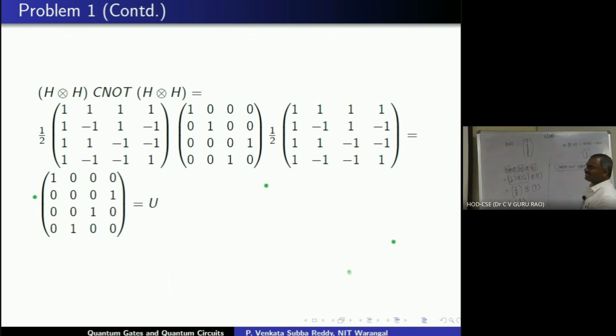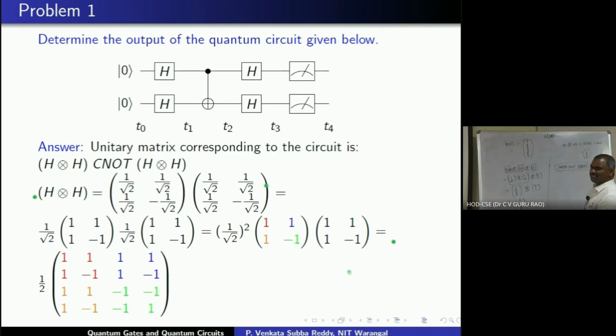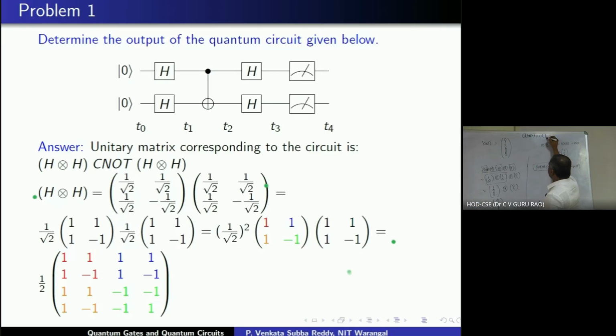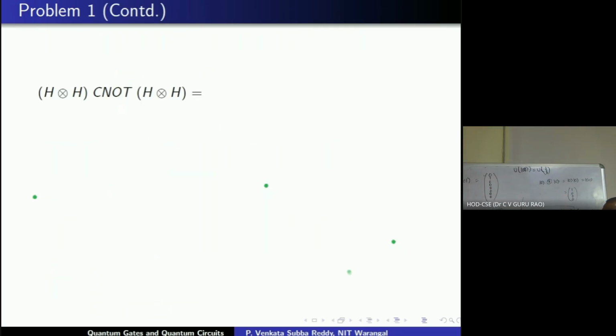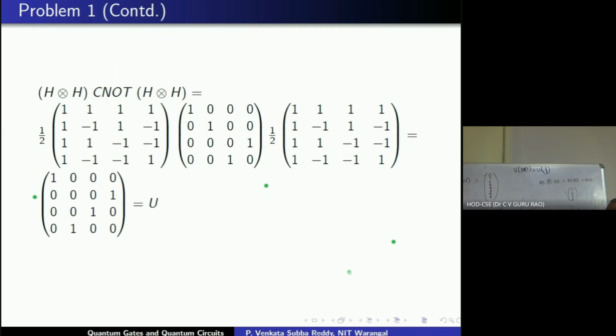Our input is ket 00 only, no? Ket 0 tensor ket 0 is ket 00, which is (1,0,0,0). If I multiply the U matrix with (1,0,0,0), whatever the first column is, the same column I get as the answer. Now what is the first column here? (1,0,0,0). That means I am getting (1,0,0,0) only, which is the same as the input. Whatever is given, we get the same thing.